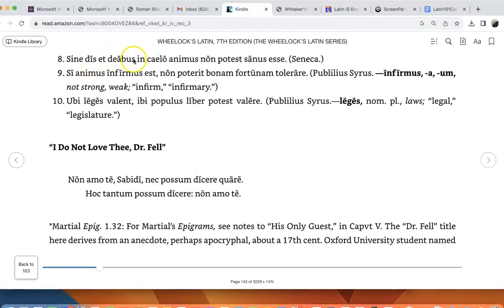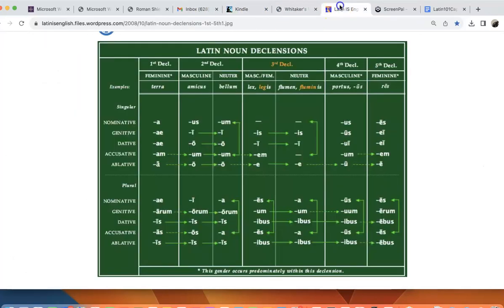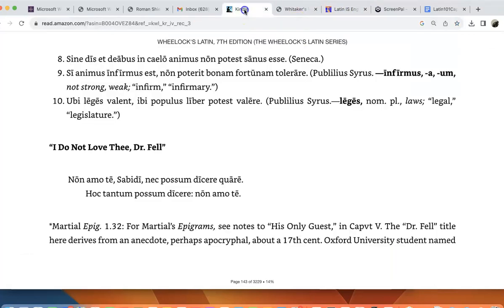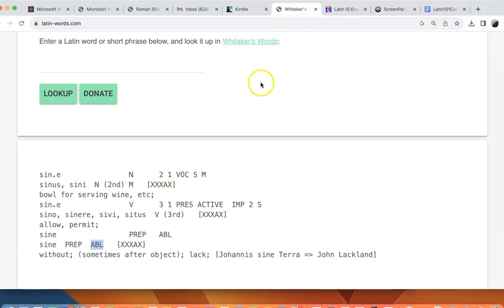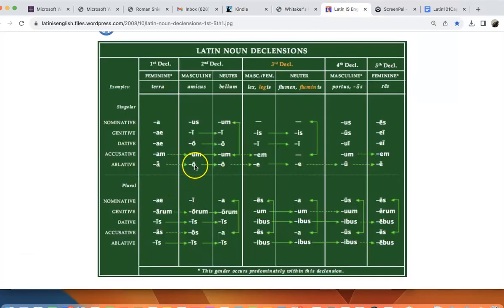So the reason we have deis in deabus is deis in this case is second declension ablative plural. Now the deabus for goddesses is a little bit irregular. That's why it has an irregular ending. But then in caelo is also in the ablative because it's an adverb of location. So there's O. So in caelo.